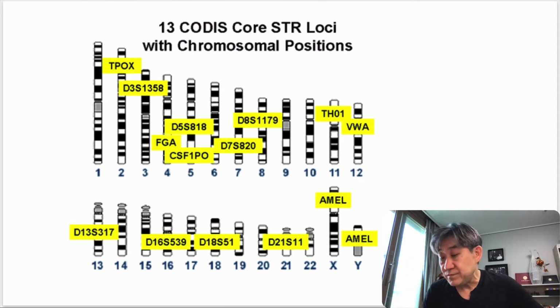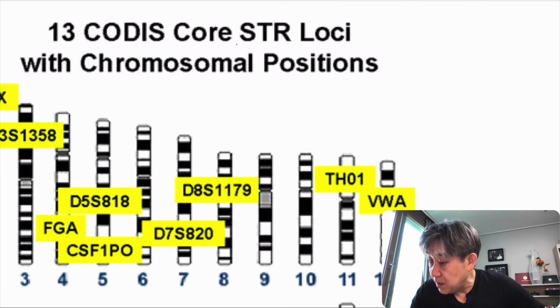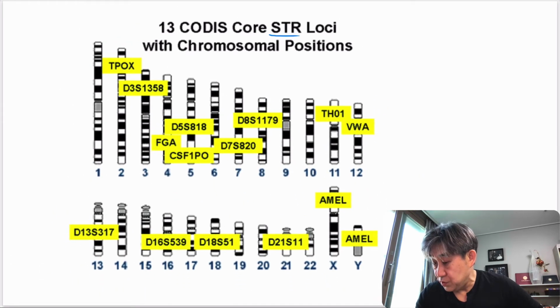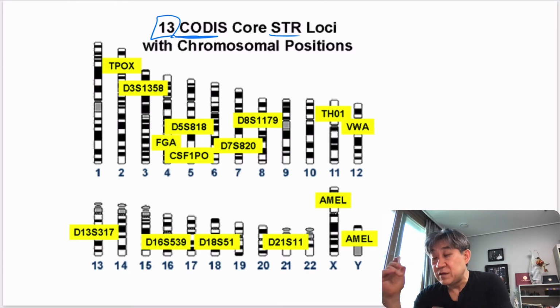So for example, using such this particular repeat called STR in human chromosome, there are 13 specific sets already in the FBI of the United States in their application of forensic science in identifying different individuals.